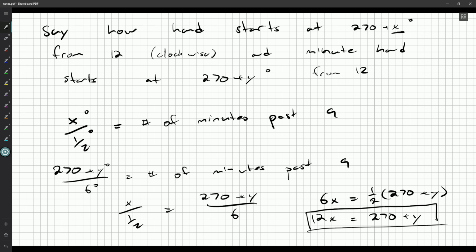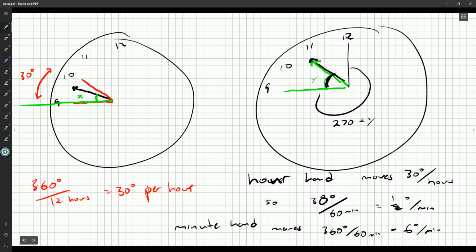Okay, but then we also have a similar relationship because the hands switch positions after the hours. The hands swap, and so now 300 should be, so this is 270, so to go another 30 to 10 should be 300.